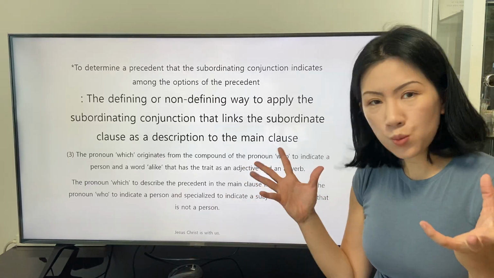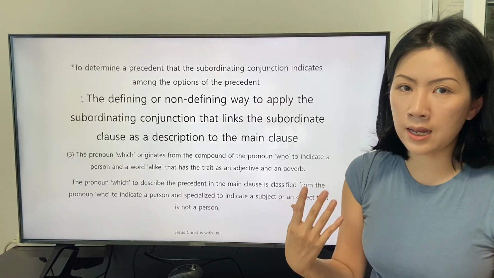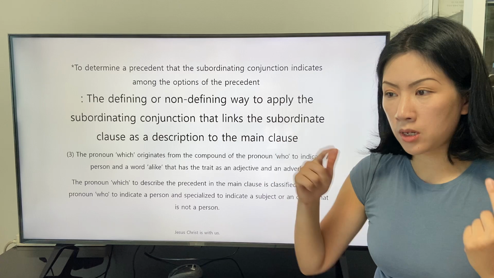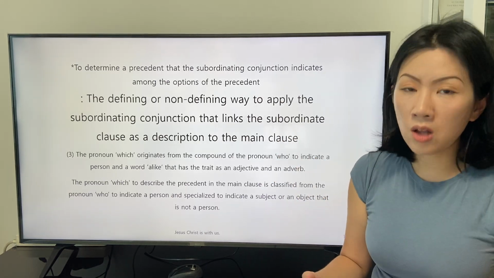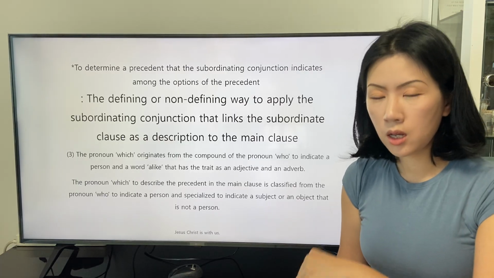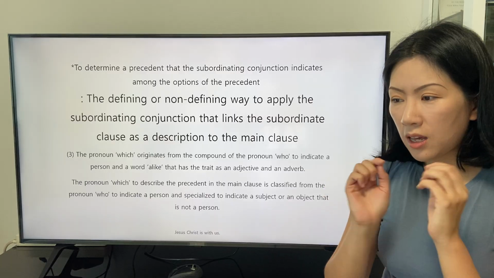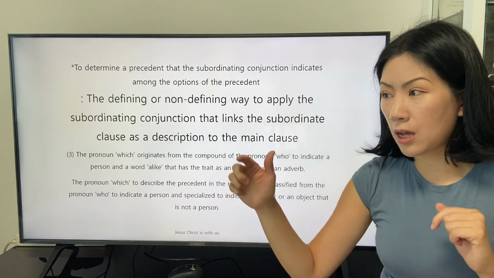And as we can understand, we will consider this premise when the speaker applies a pronoun in the non-defining way. The pronoun which can indicate the precedent that is not a person.